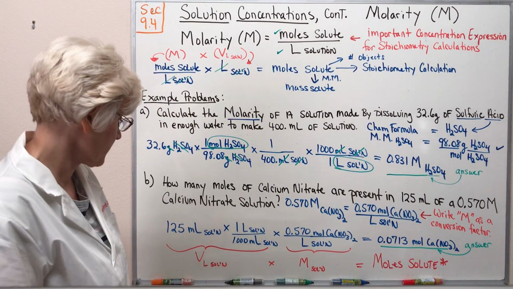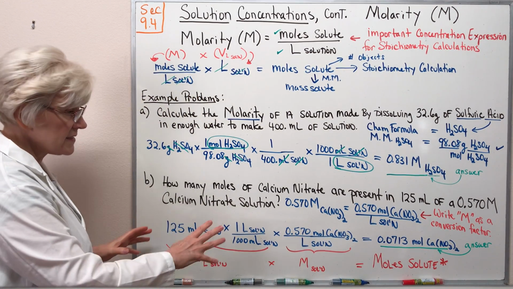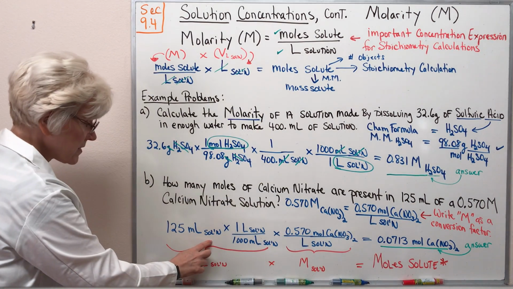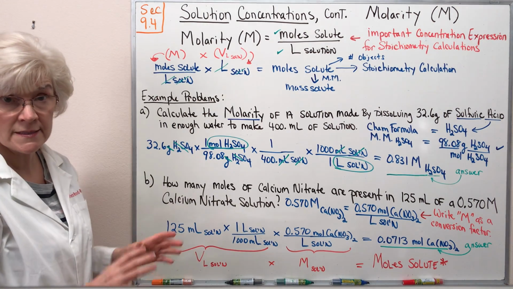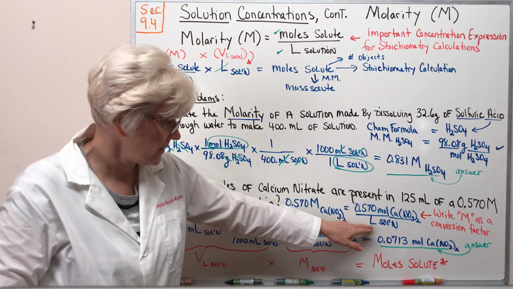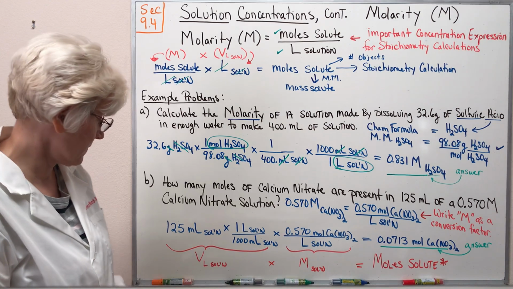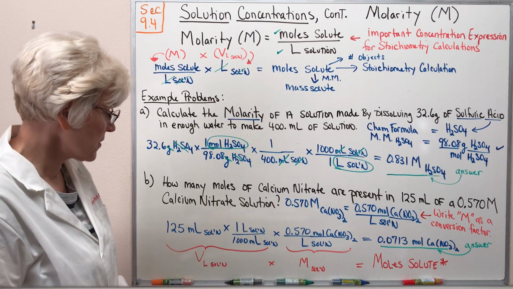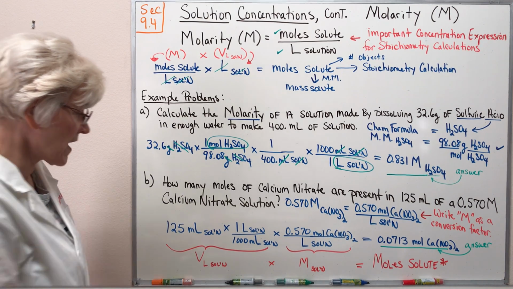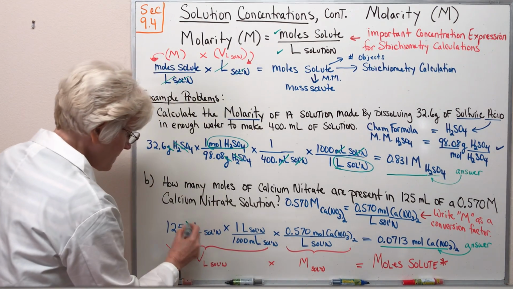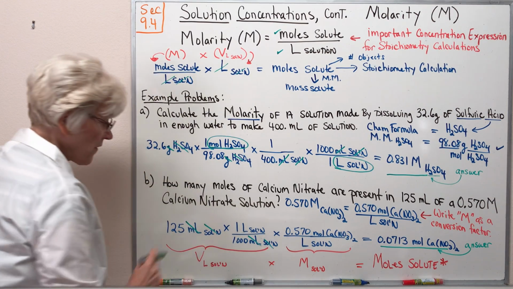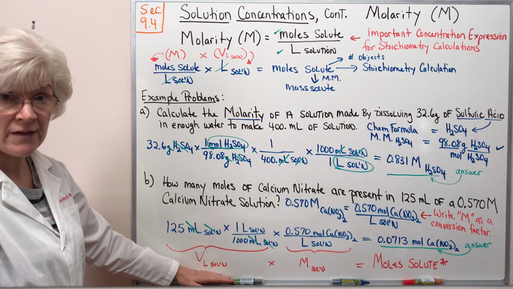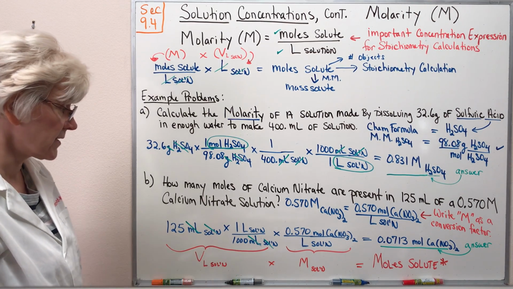So looking at this calculation, here is a volume of solution in milliliters. We need to convert that to liters to correlate with the molarity unit of volume. So taking 125 milliliters of solution, multiplying by 1 liter over 1,000 milliliters of solution, I just converted my volume from milliliters into liters. I now have a volume of solution in liters.